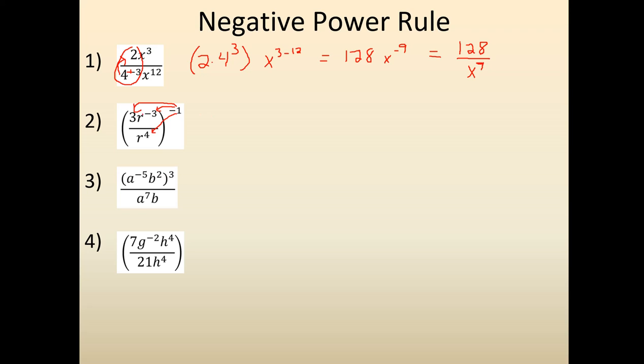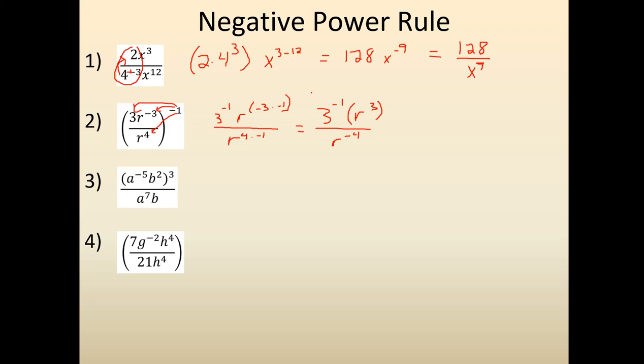So it becomes 3 to the negative 1, r to the negative 3 times negative 1, and r to the 4 times negative 1. Or 3 to the negative 1 times r to the positive 3 divided by r to the negative 4th.